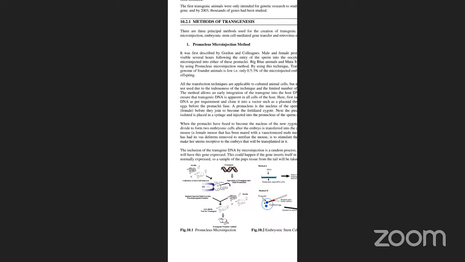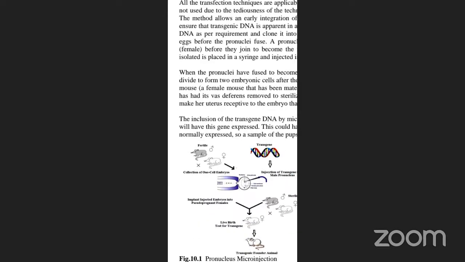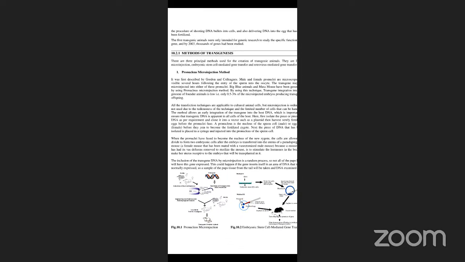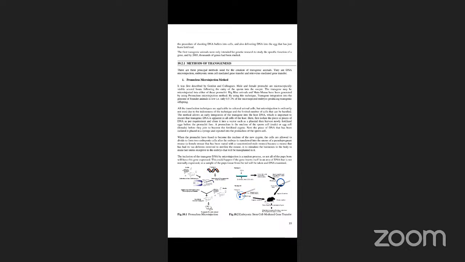So, first, have you understood this? Or else I will check from the text itself. It was first described by Gordon and colleagues. Here, they have taken male and female pronuclei. Now fertilization took place.